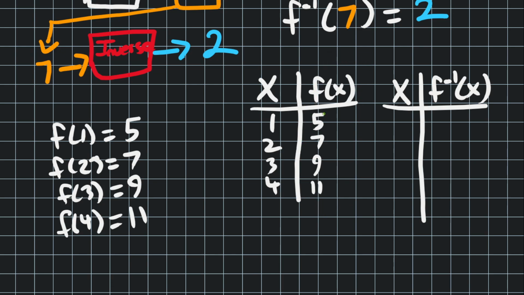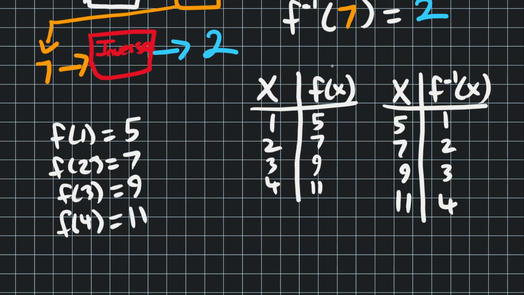So let's take all these numbers, 5, 7, 9, and 11. And for all the outputs of f inverse of x, let's take all the inputs of f of x. So 1, 2, 3, and 4.